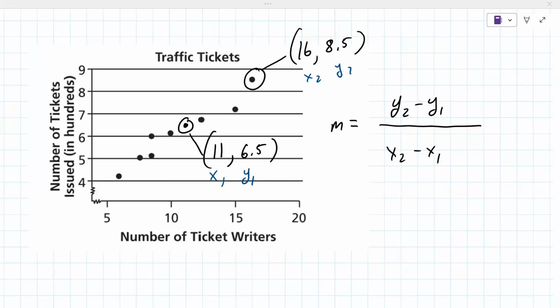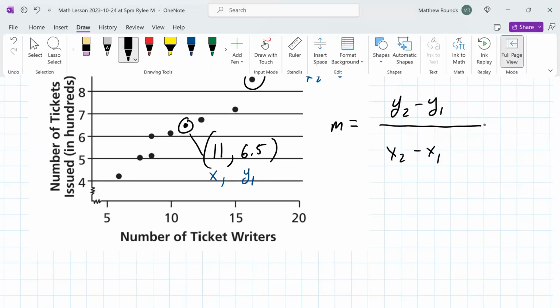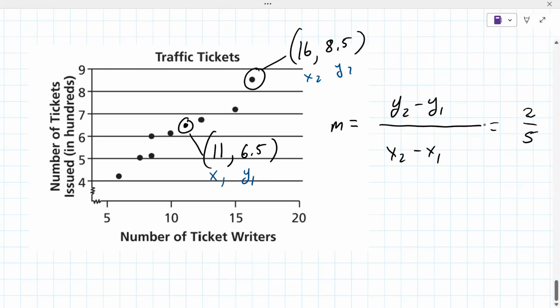It would be 2/5. It is 2/5. Very good. All right. You want to do one more problem or do you want to stop here?